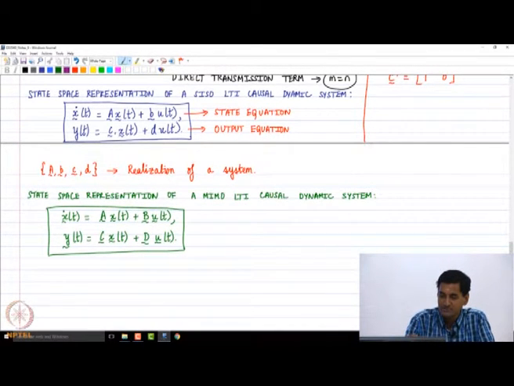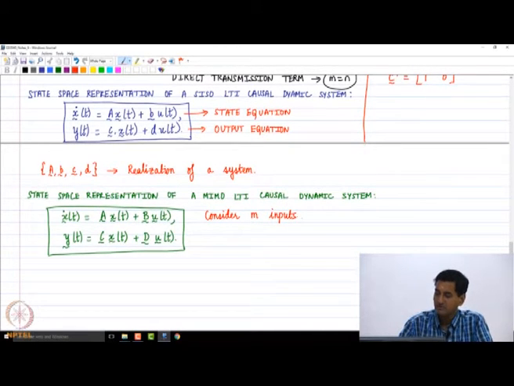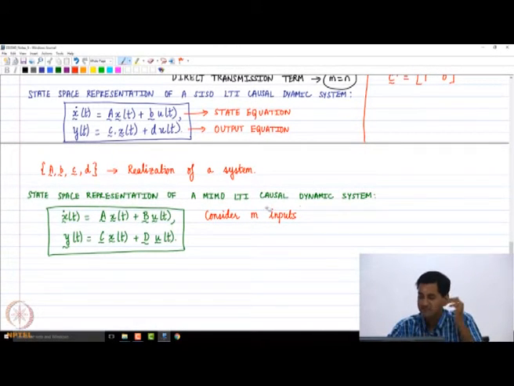So essentially, let us consider, let me use a different character, p inputs and q outputs.